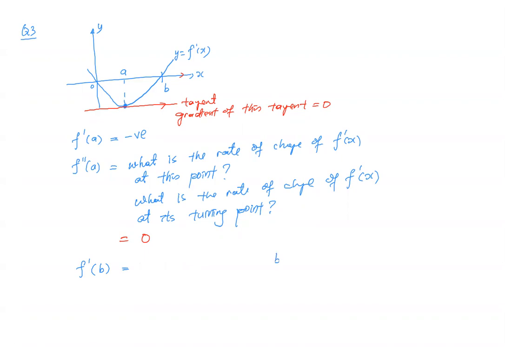B is the x-intercept of the y equal to f prime x graph. So what is f prime b? What is the value of f prime b? You look at how I write that. Can someone tell me what is the value of f prime b?